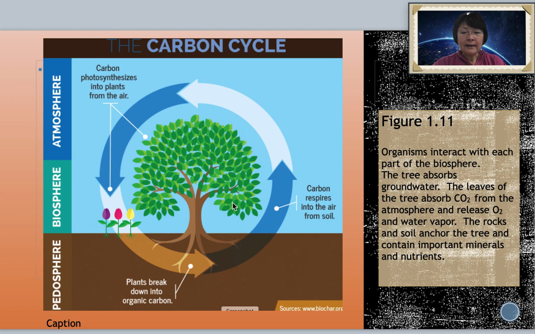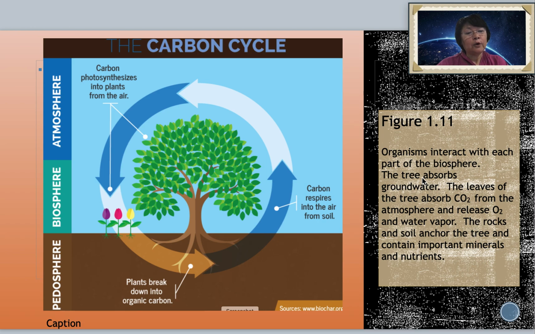Now we take a look at the biosphere again, where living organisms are, and the lithosphere, which here is the land. This living tree will absorb the water that is in the land, and it also absorbs nutrients and minerals. And so that is its life cycle.